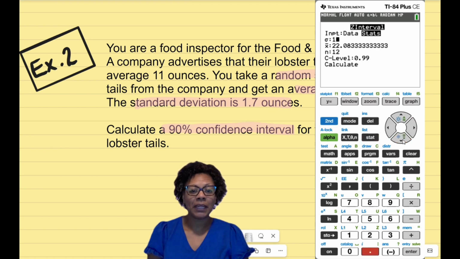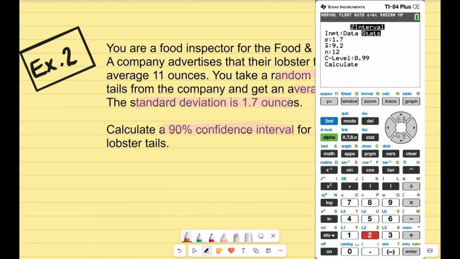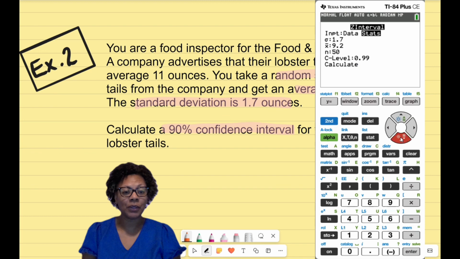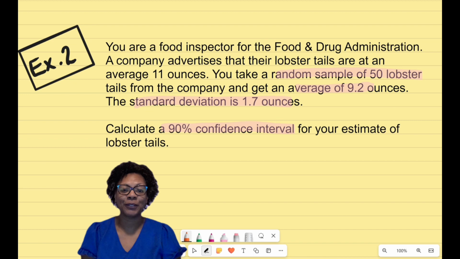And from that point, I'm just going to enter the information that I've highlighted in the problem. The confidence level, again, we have to make sure that we make that a decimal, so 0.90. Calculate, and then it's going to give us our confidence interval.